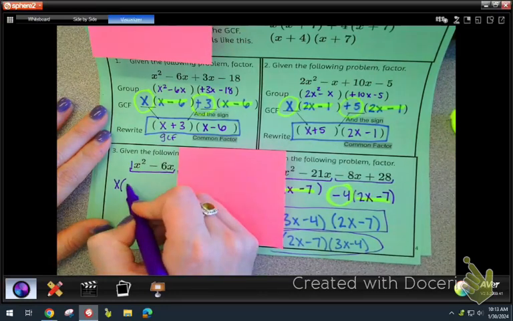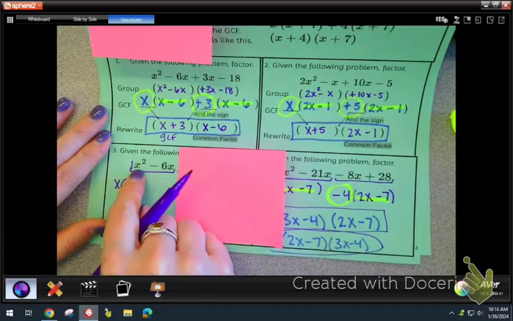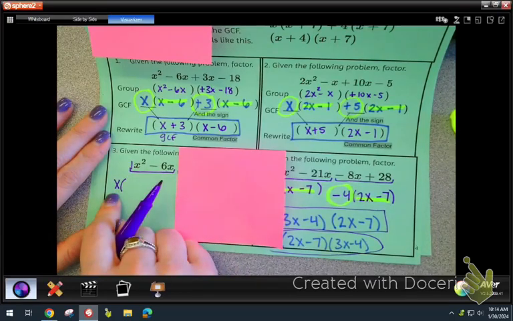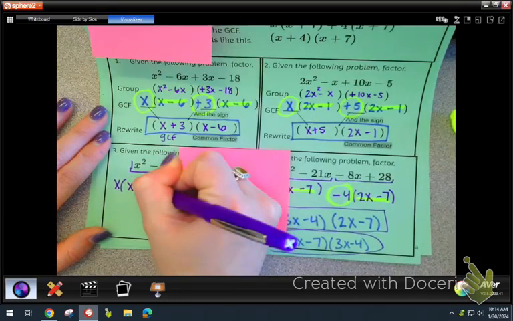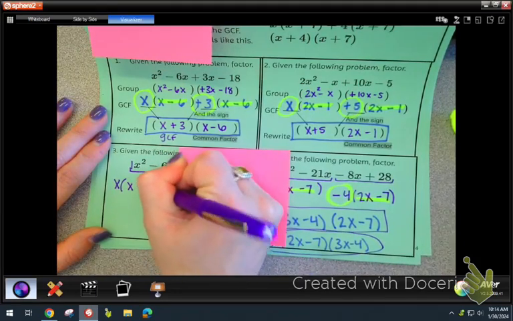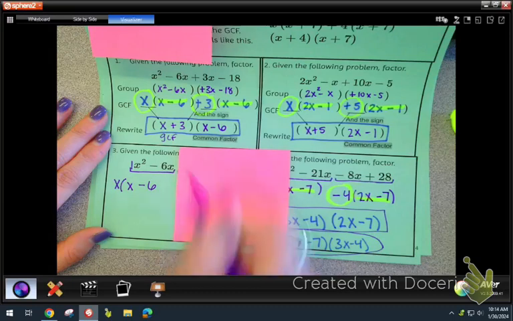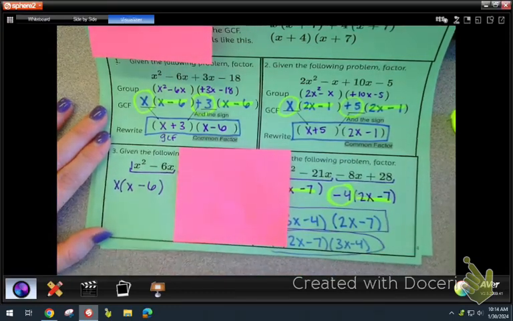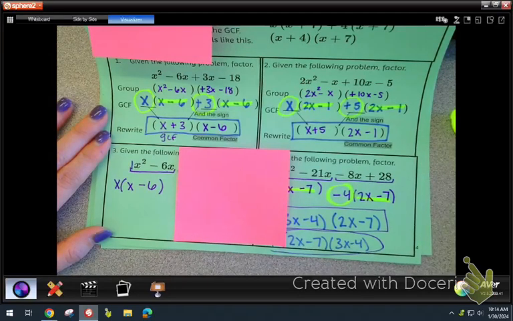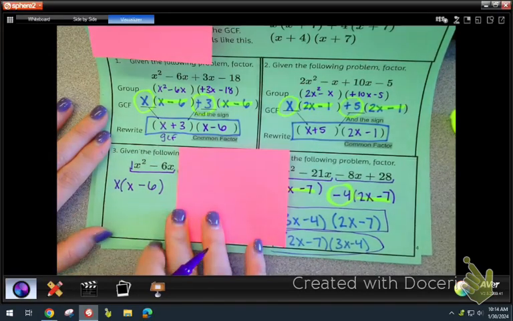X minus 6. You took the X away from it, so it's just a 6. We're just dividing by X, right? All we're doing is dividing by X.